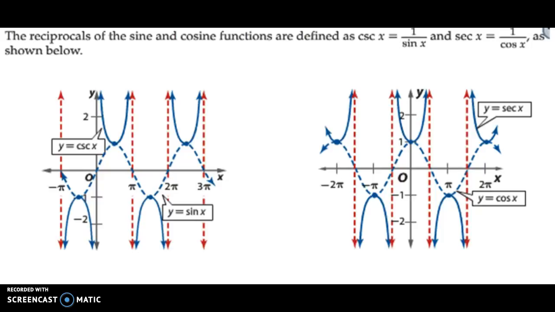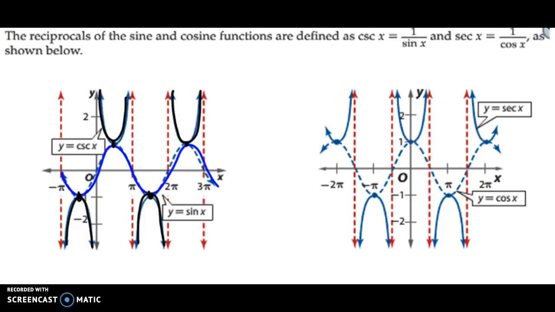What I want you to notice is, here's a sine graph right now. You'll notice that my cosecant graph meets at the top and bottom, the maximum and minimum values of it, and it basically makes a parabola between the vertical asymptotes from those values.